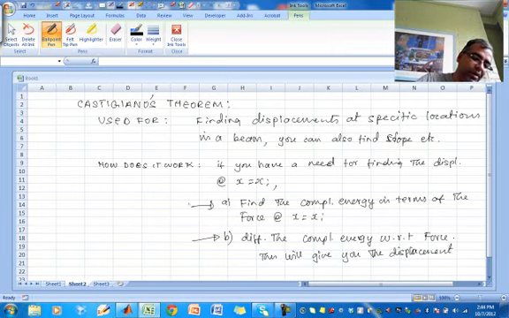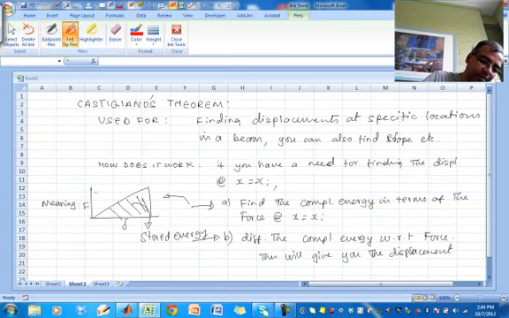force. So what does complementary energy mean? Meaning is this. If I draw force versus displacement, this is the stored energy. This is the complementary energy.